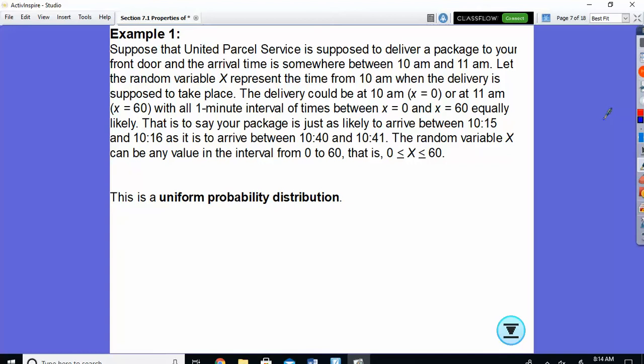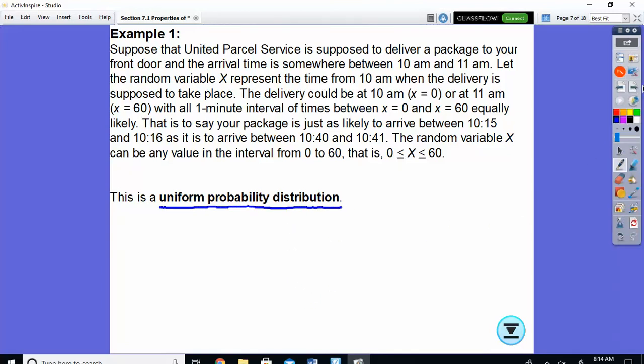So every time interval, every minute has the same probability. So our x could be anything between 0 and 60 because it's the number of minutes that have passed in an hour. Everything has the same probability. That's a uniform distribution. Uniform, all the same.